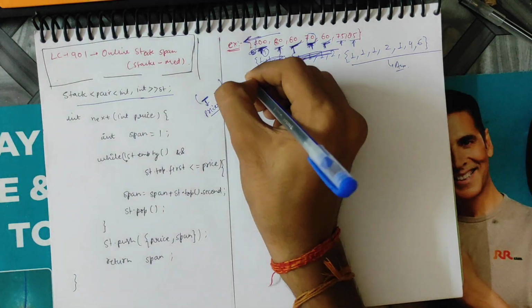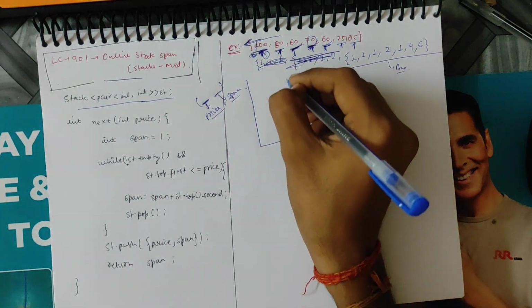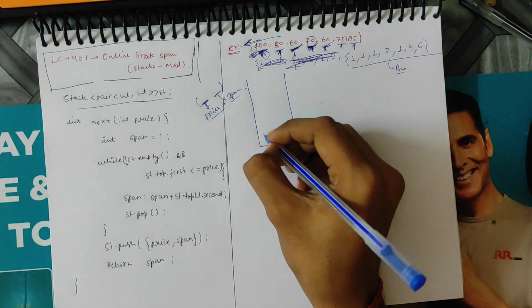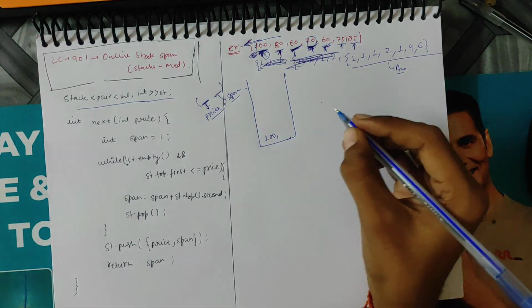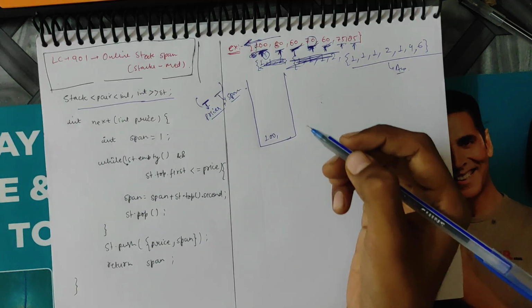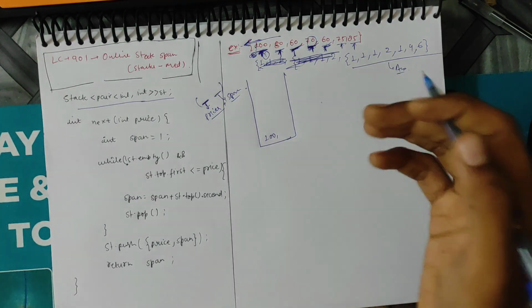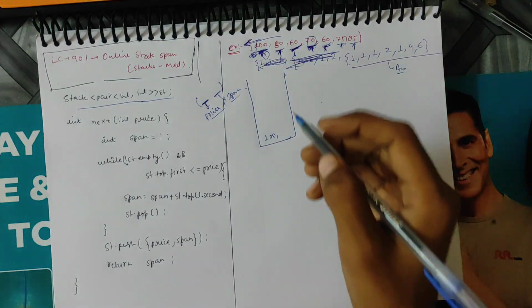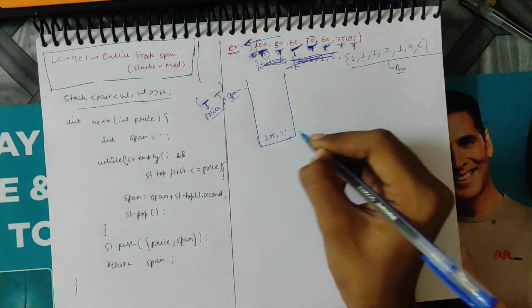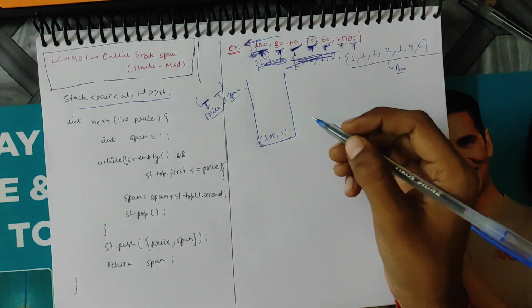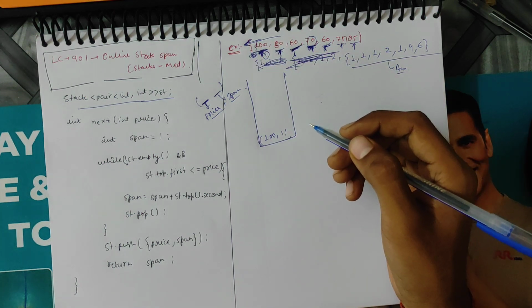So here we have a stack. For 100 we have 1 span. Why do we have 1 span? Because we don't have any element lesser than 100 before.